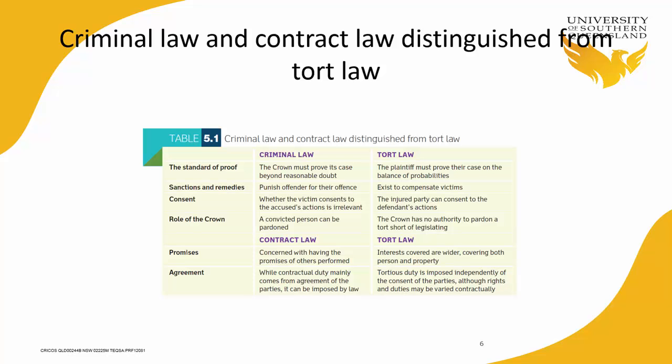That's usually done through an exchange of promises, and contract law then becomes your tool or cause of action to make sure that those promises are performed. And if they are breached, then you can also go for monetary compensation, just like you would do under tort law. However, in tort law, interests covered are wider than contract law, and they cover both person and property.